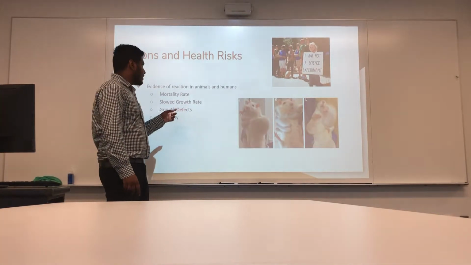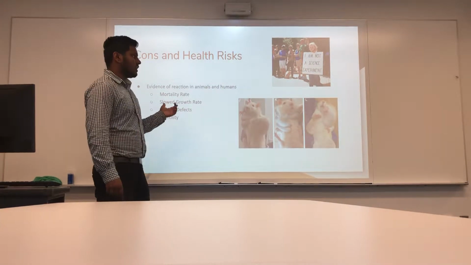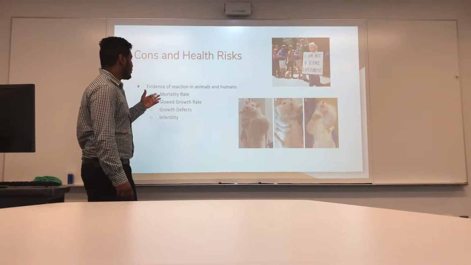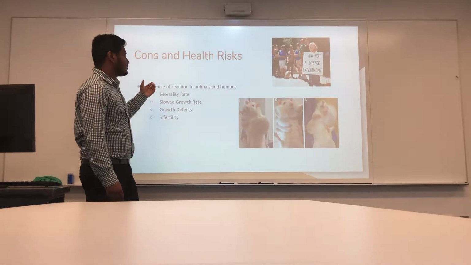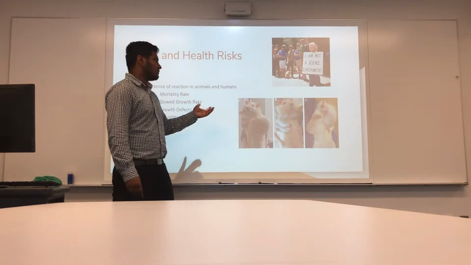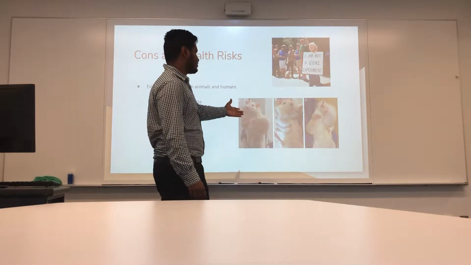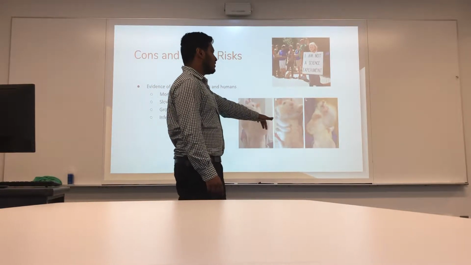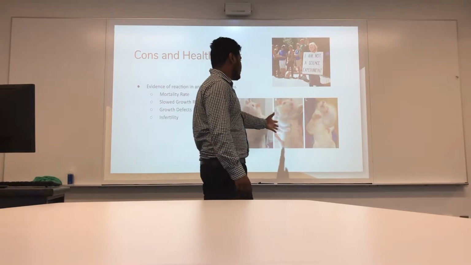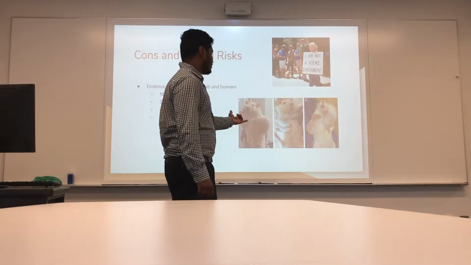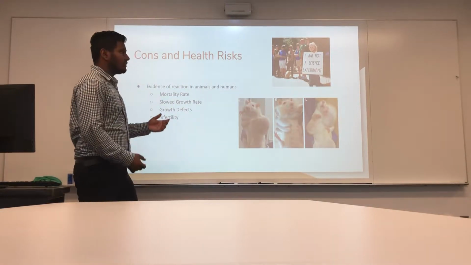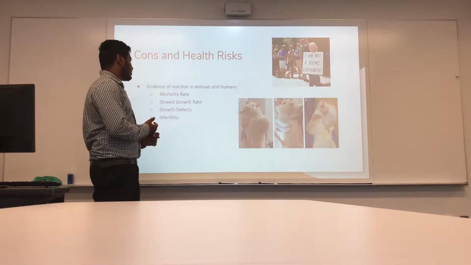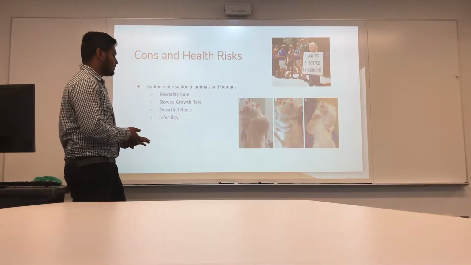There are a lot of cons and health risks which a lot of people don't know about and are ignorant towards. So there's actually a lot of evidence, for example, through these pictures that show a mouse eating only GMOs, where you can see the progression of the health risks: the mortality rate will be higher, slowed growth rate, growth defects, infertility.